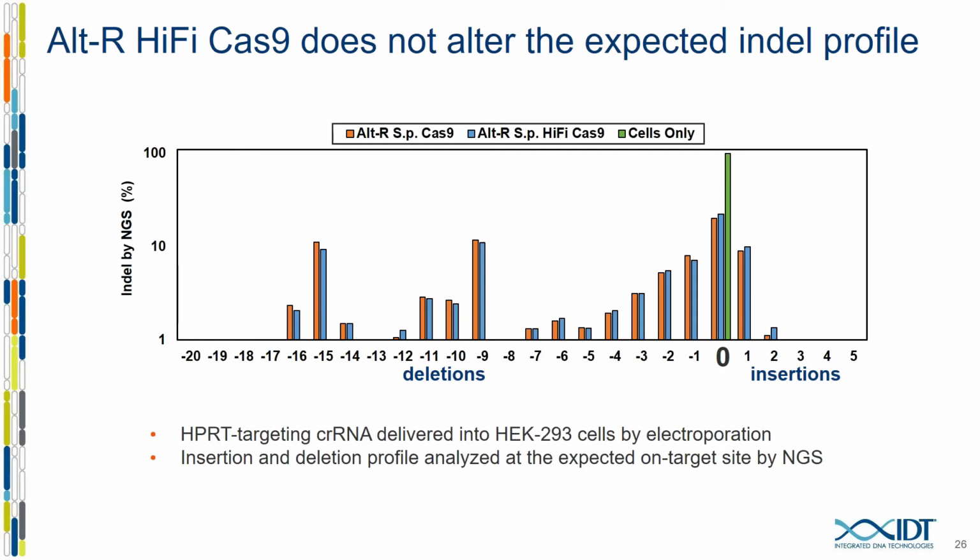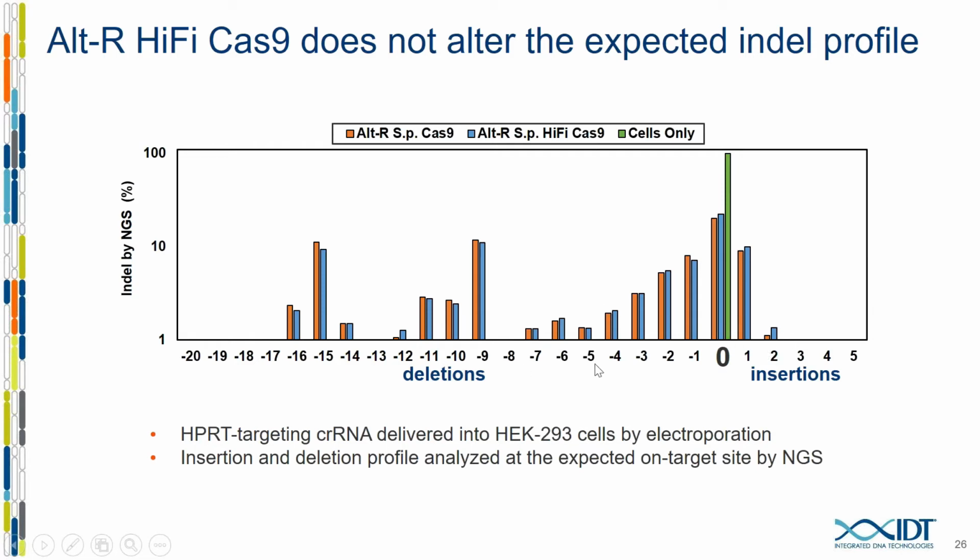And what you're seeing here is one example of a lot of different guides that we've analyzed, looking at the indel profile at the cut site, comparing wild type to HiFi. So in green here is cells only, and because there's no edited sites, it's going to be 100% at 0. There are a couple insertions that are present, and you can see that for wild type and HiFi, the frequency is basically the same.